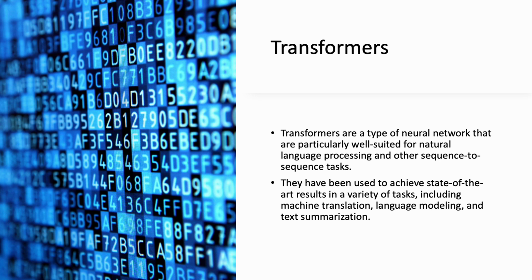Google Translate, Facebook's machine translation system, and Amazon's machine translation systems are examples of MT systems that use transformers as their primary architecture. Google Translate uses transformers, which improve the quality of translation, particularly for languages with complex morphology and syntax. Facebook's machine translation system uses transfer learning, where a transformer model is first pre-trained on a large corpus of text and then fine-tuned on a smaller dataset of parallel translations.